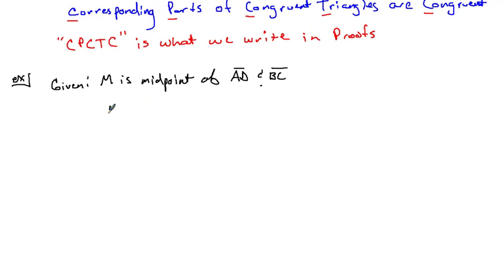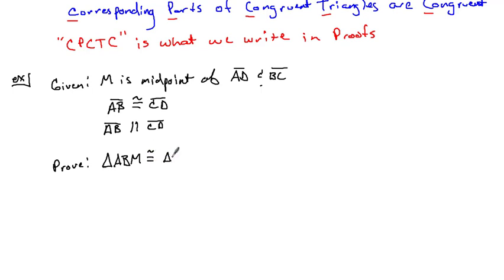We're going to be given that segment AB is congruent to segment CD, and also that segment AB is parallel to segment CD. And we're going to be asked to prove that triangle ABM is congruent to triangle DCM.